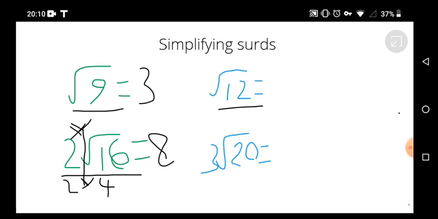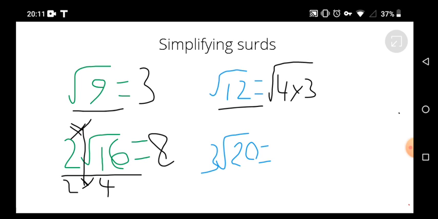The thing about square roots is you can write one square root as 2 numbers times them together, still inside the square root. And what you want is one of them to be a square number, so you can simplify that. So we could write this as big root of 4 times 3, so that makes 12.